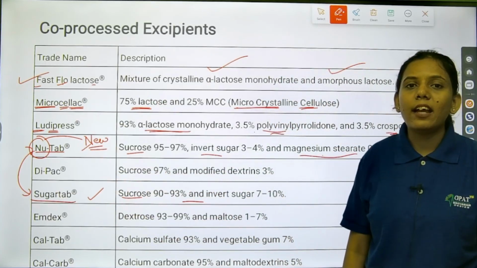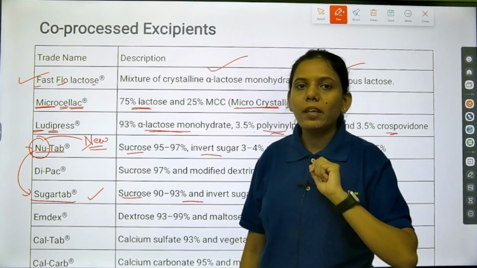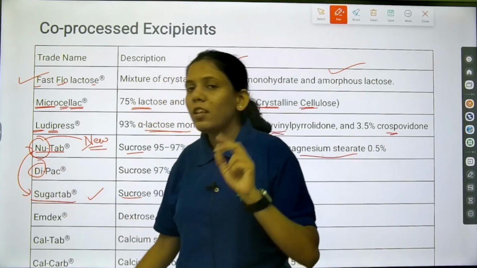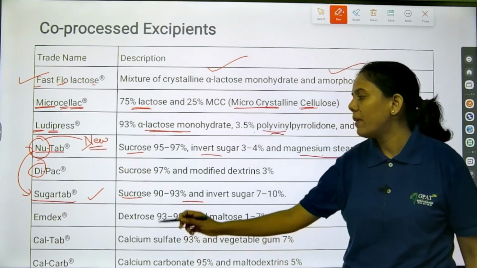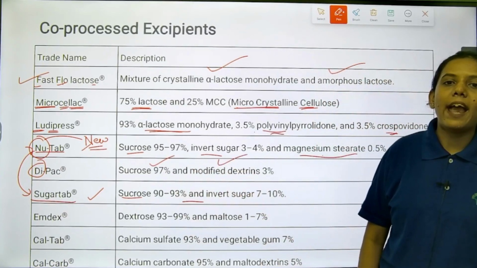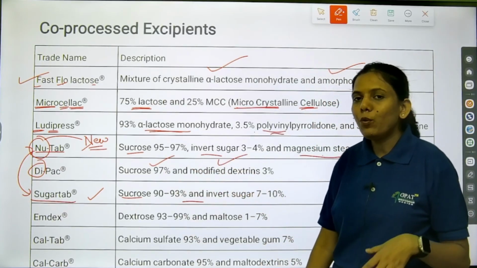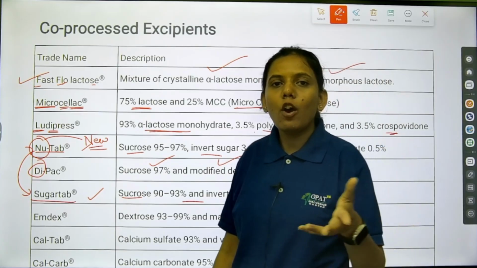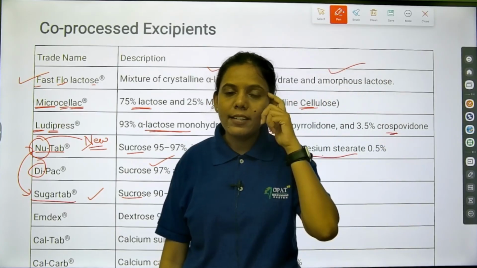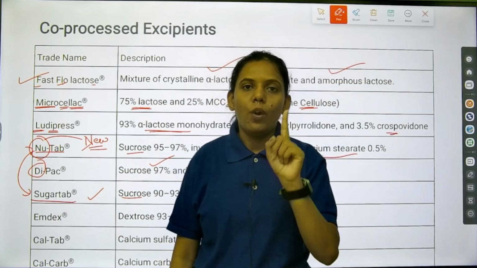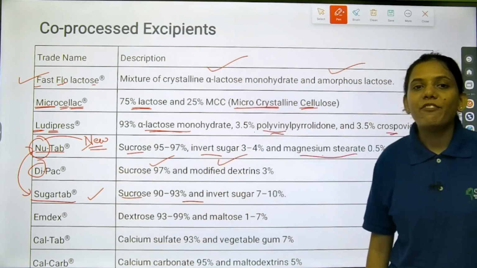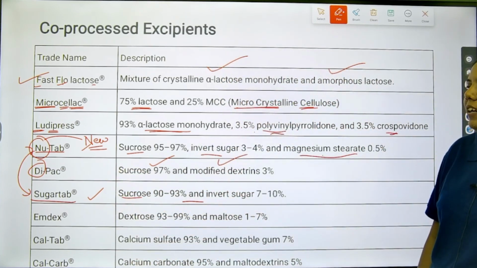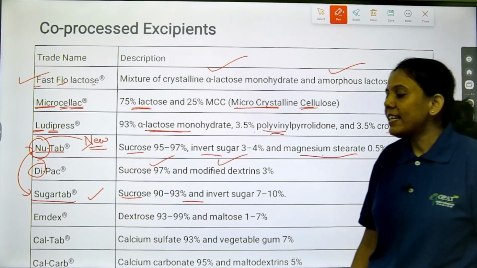Next is Di-Pac. At least from the name you should identify: Di means 2 ingredients are present, and that is sucrose and modified dextrin. If they give you options with 3 or 4 ingredients, at least it will click that no, Di-Pac contains only 2 ingredients, sucrose and modified dextrin.